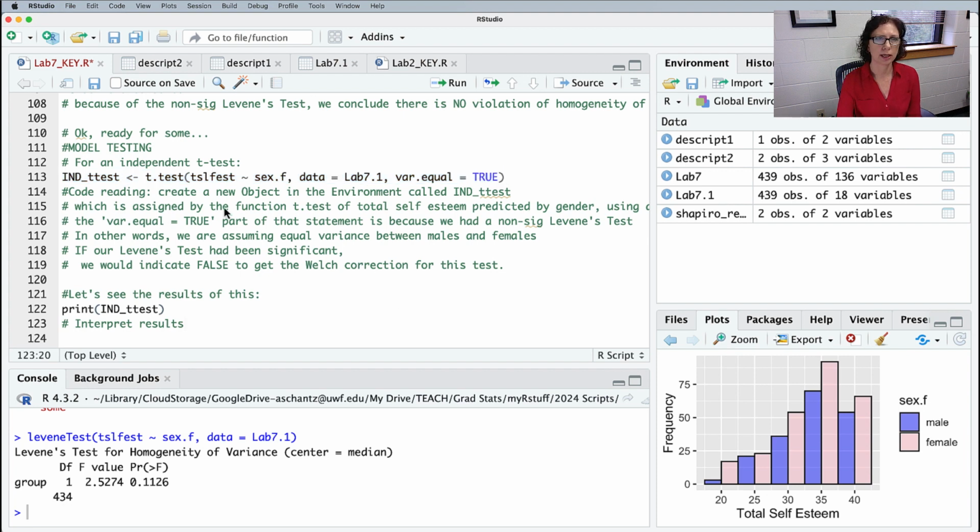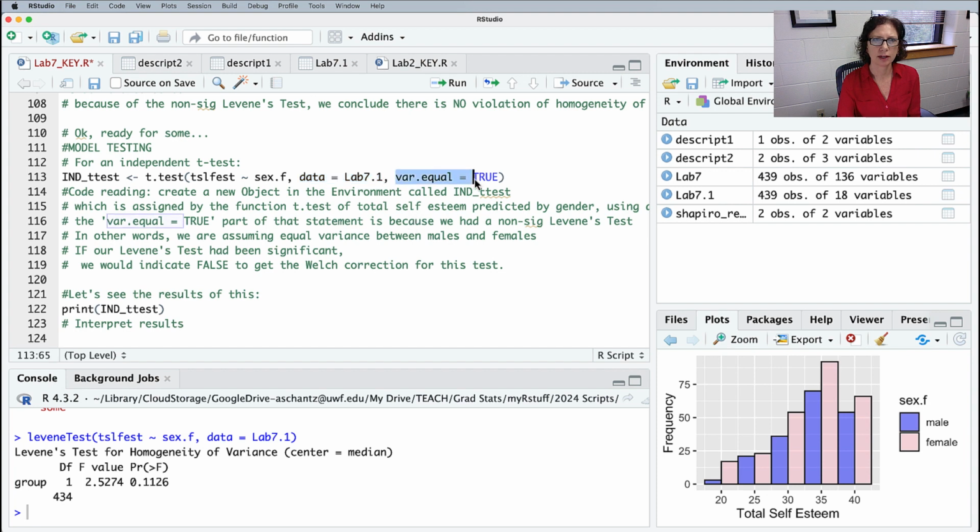It says create a new object. We're going to call it IND_t-test. It's going to be assigned by using the function t.test. We're predicting total self-esteem by the sex variable using dataset Lab 7.1.